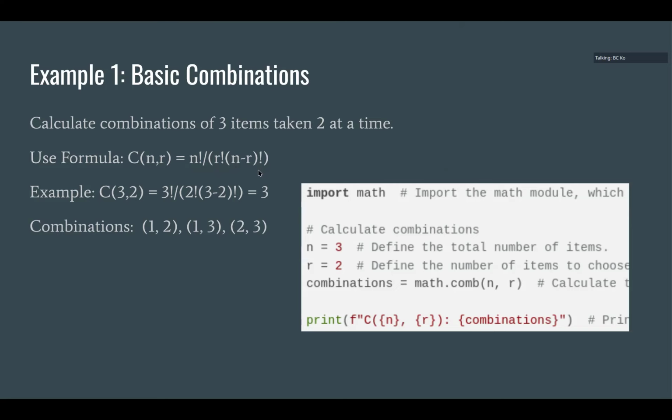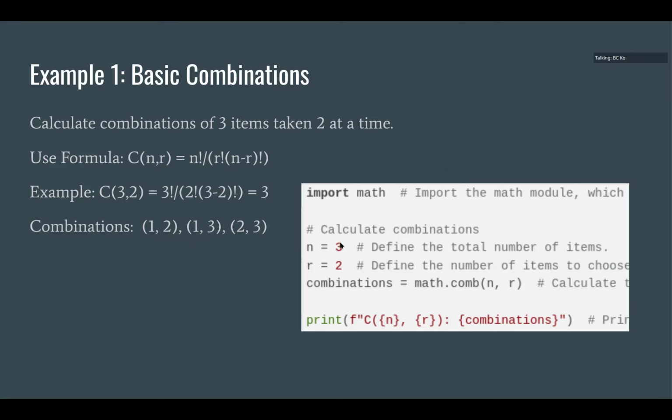Using this formula, you set n to 3 and r to 2. Plugging in these values, you get 3 factorial divided by 2 factorial times 3 minus 2 factorial, which comes out to be 3. Therefore, there are 3 combinations: 1,2; 1,3; 2,3.